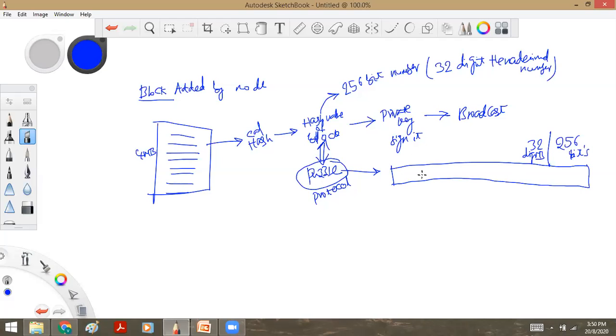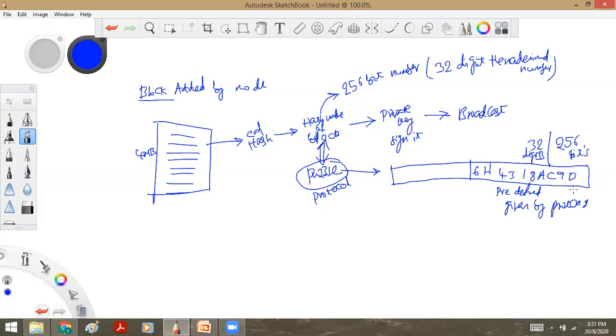Now what happens with the puzzle is that some digits are predefined, given by the protocol, and these numbers change with every time slot.